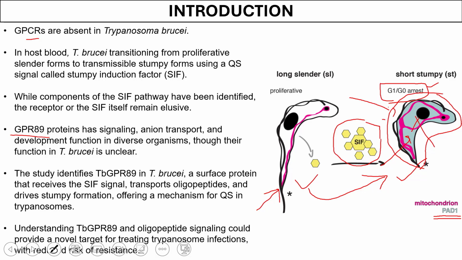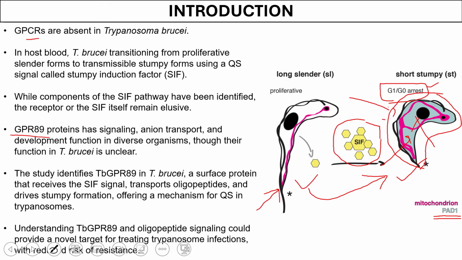In this study, the researchers identify Trypanosoma brucei specific GPR89, and they mentioned that they were able to find that this protein is present on the cell membrane and it is involved in stumpy induction factor signaling. This GPR89 protein also acts as a transporter for some oligopeptides and is actively involved in formation of the stumpy form.